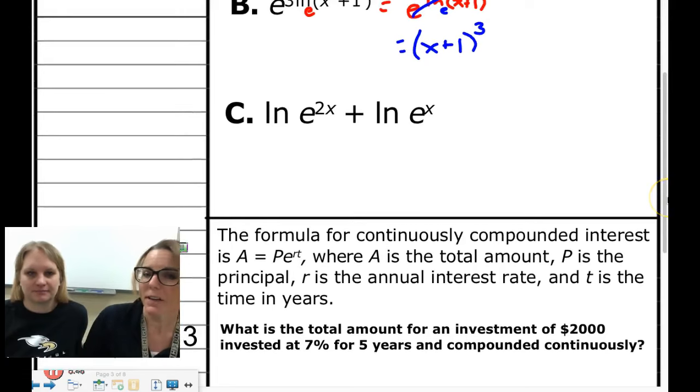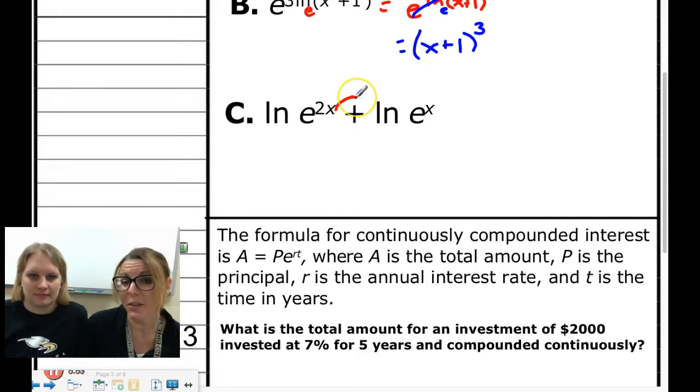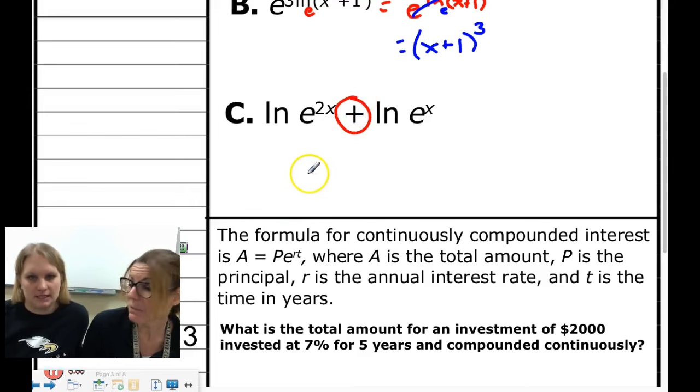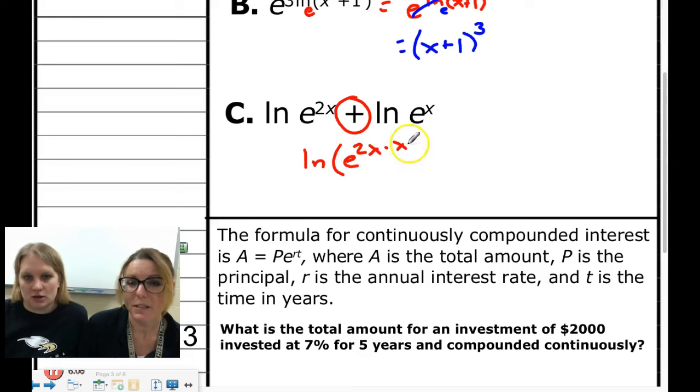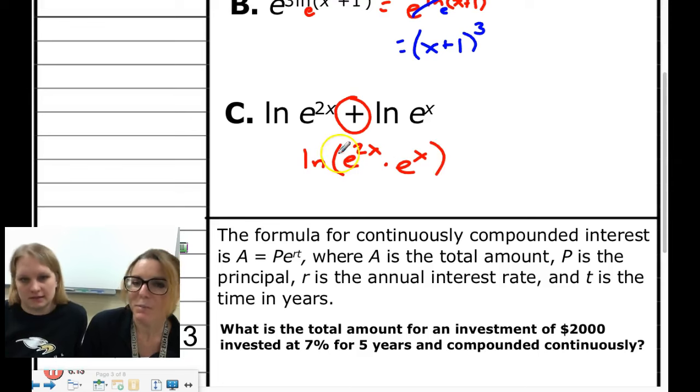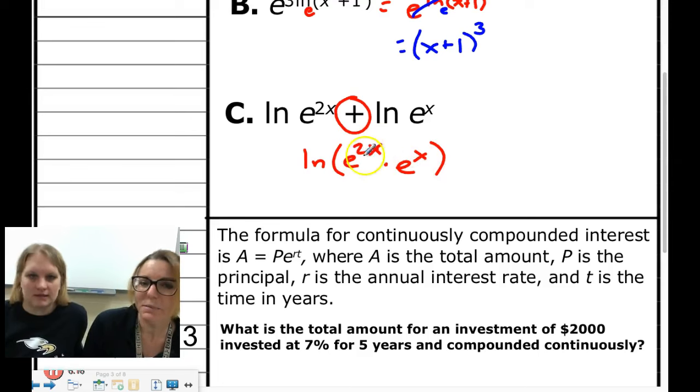Good. Well, now look, we have two natural logs. So we have to write them as a single log. And when you're adding, that's the same thing as multiplying. So we write natural log, and in parentheses, we have e to the 2x times e to the x. Well, that is going to be, you have an e to the 2x times e to the x.